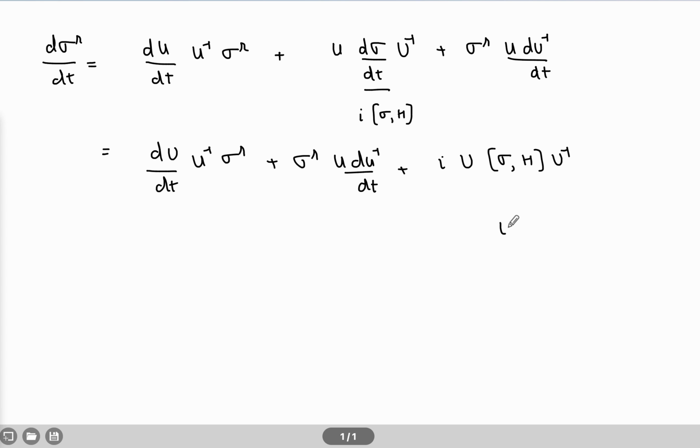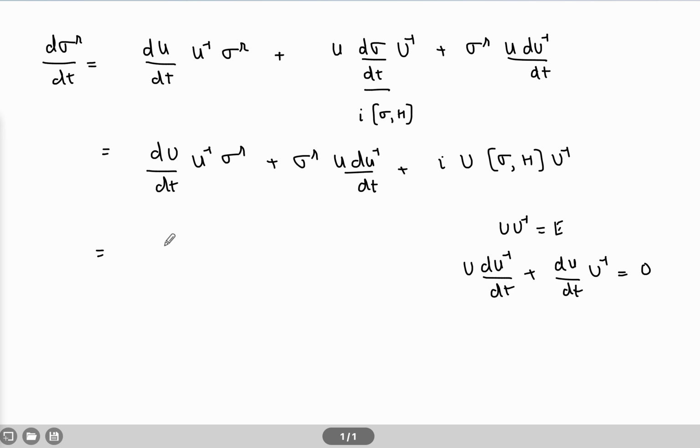So if you remember, we had just mentioned that U U inverse can be written as E, and if I now take the time differential of this, I will get U dU inverse/dt plus dU/dt U inverse is equal to 0. This side is constant, so the derivative will be 0, and that means one of them can be replaced with the other term with a negative sign.